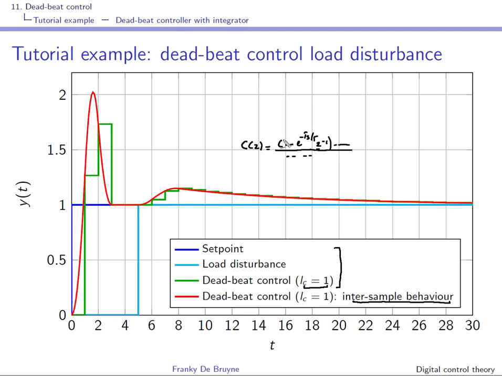This is cancelling the slow pole of the system, and as we have discussed before, this is not a good idea if you want to have good rejection of a step-like load disturbance. Because of this cancellation, the load disturbance response has become very slow.